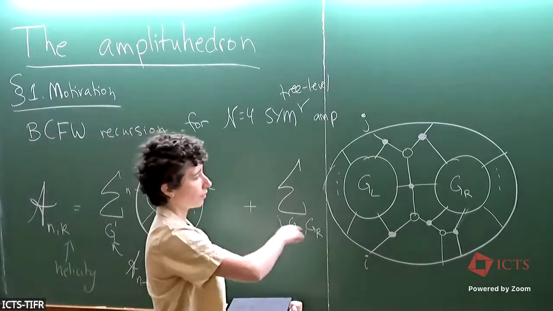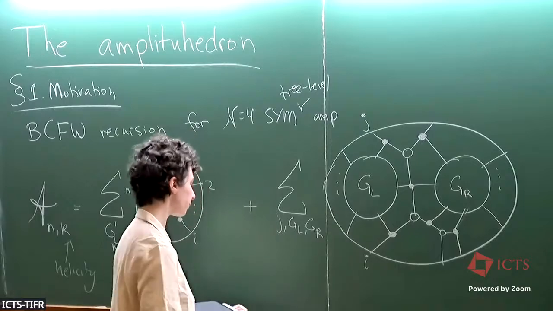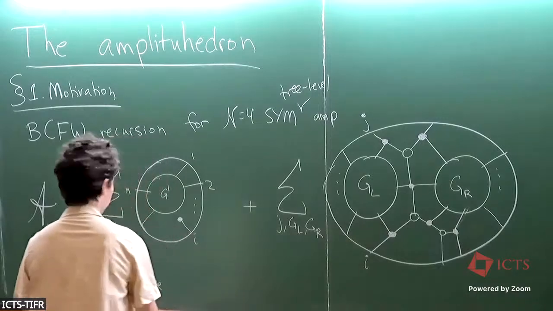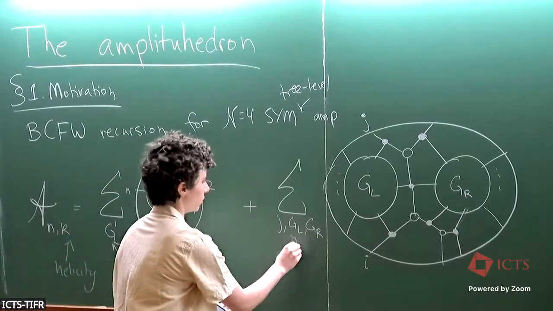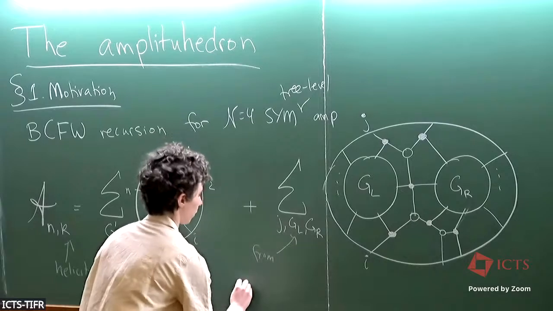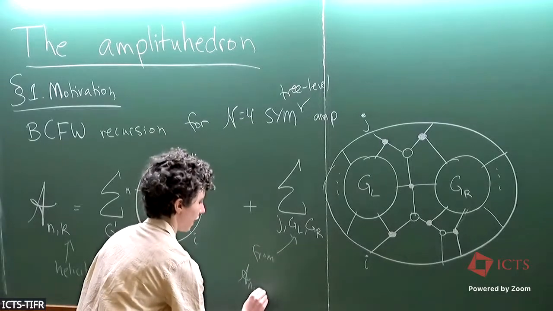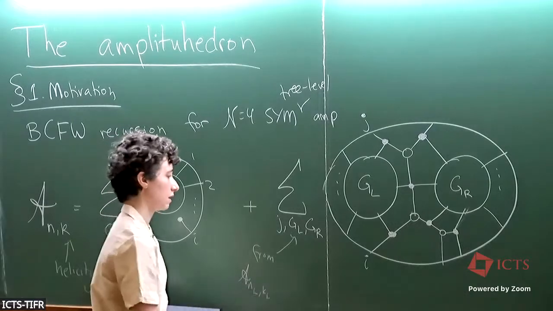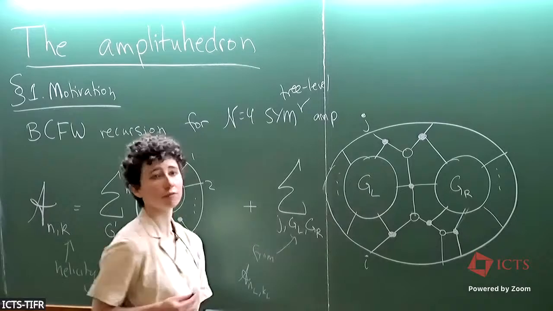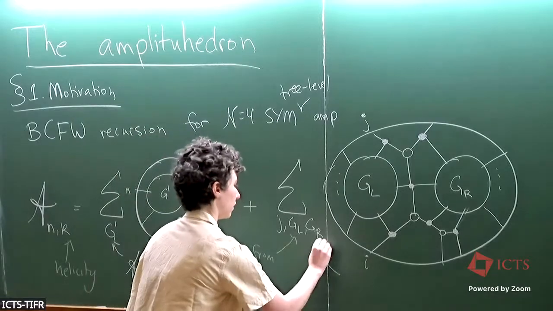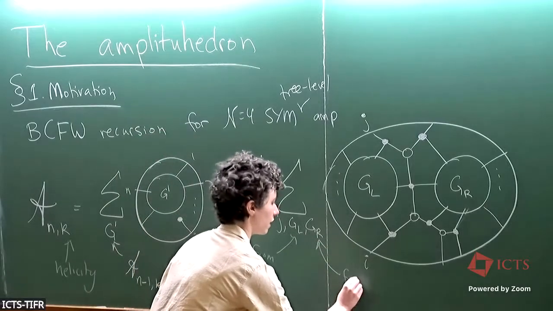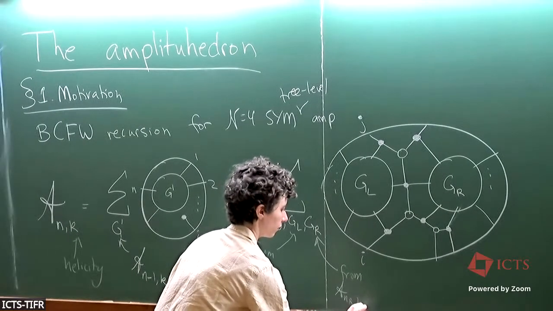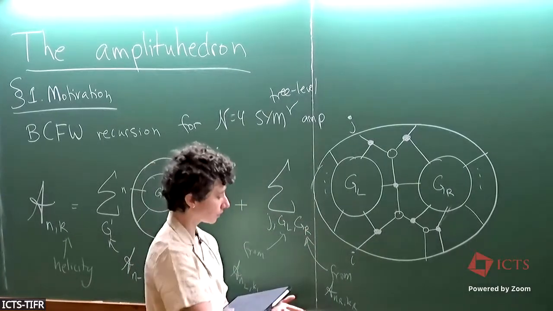Another part of the recursion is a product. There's a range over this index J, and then you take all of the pictures you get from a left amplitude, with some smaller number of points n_L and some smaller helicity k_L, and you stick all those pictures into the left part of this picture, and then you similarly have a right part, and you stick all the pictures you got from your lower amplitude into here.